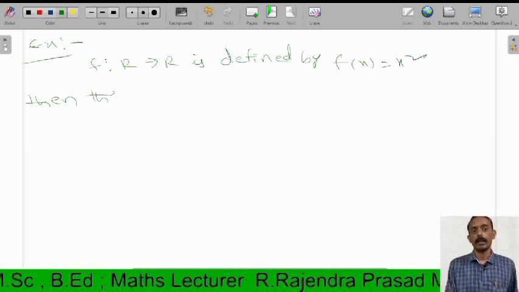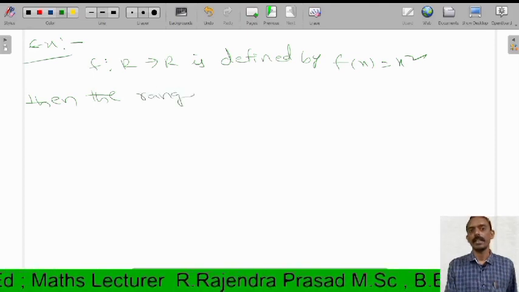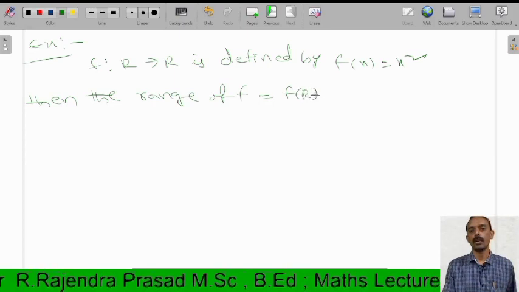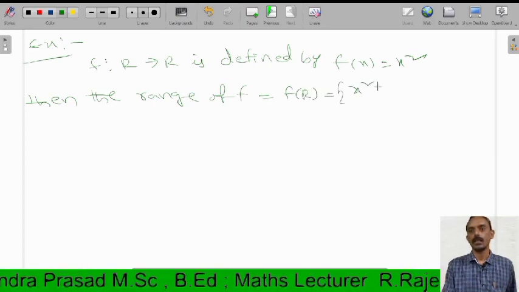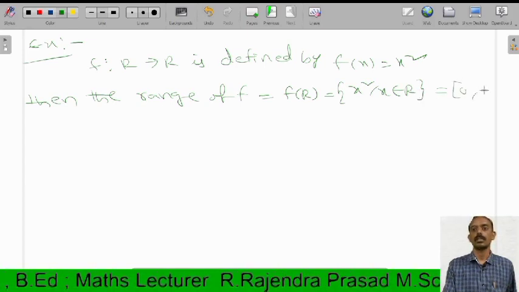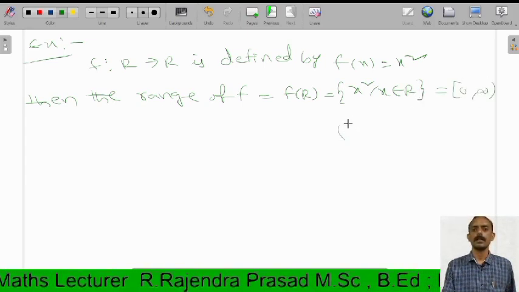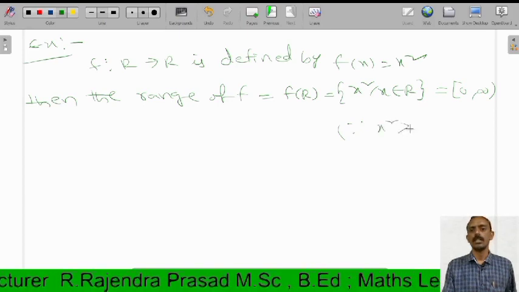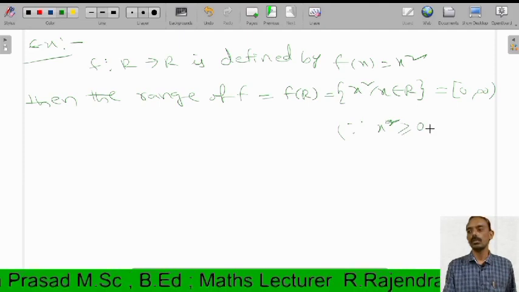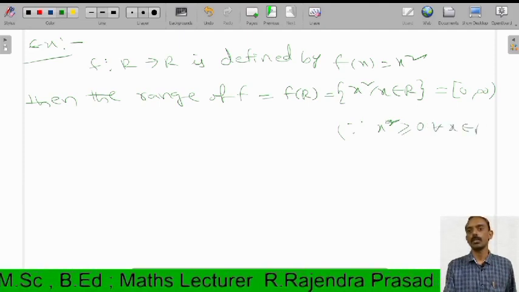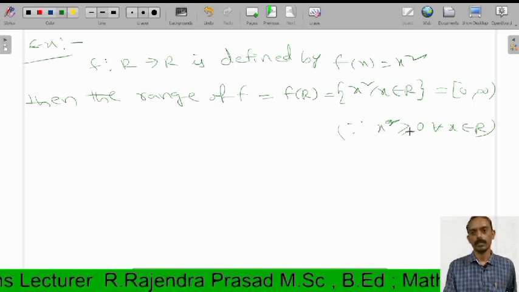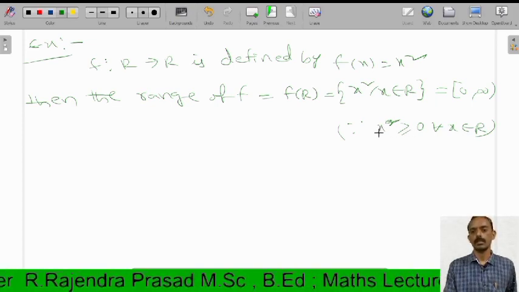Then the range of f equals f of R, equal to x square such that x belongs to R. That is the closed interval 0 comma infinity, since x square is always greater than or equal to 0 for all x belongs to R. X square means only positive values, 0 or positive values.